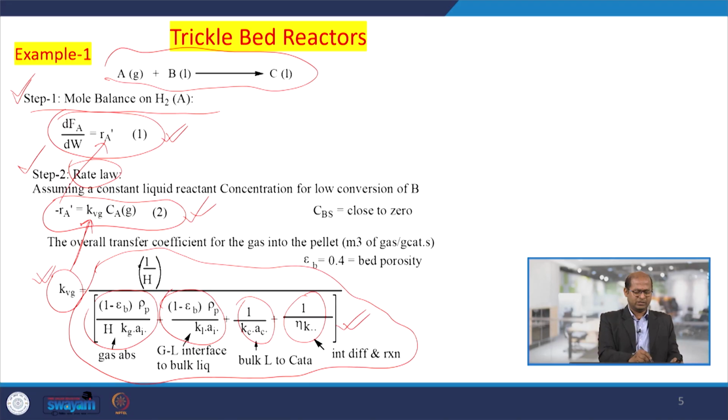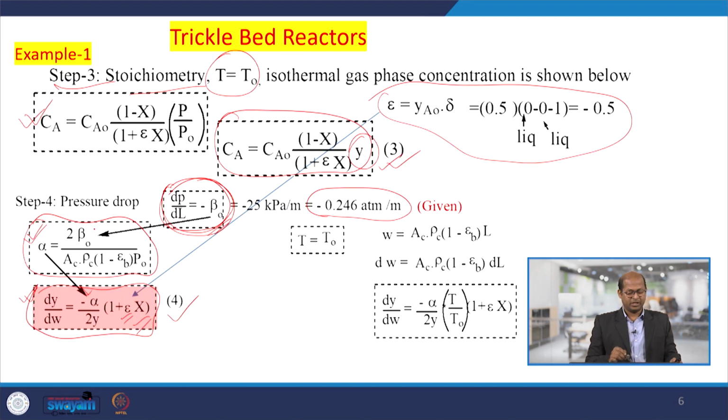Here, just summarizing: this is the design equation, this is the rate equation, and this is the mass transfer coefficient. The total overall mass transfer, these individual resistances you have to find out, then we can substitute here. From the stoichiometric correlations, this type of correlation for y is known, and we can substitute here, or solve the differential equations, either way.